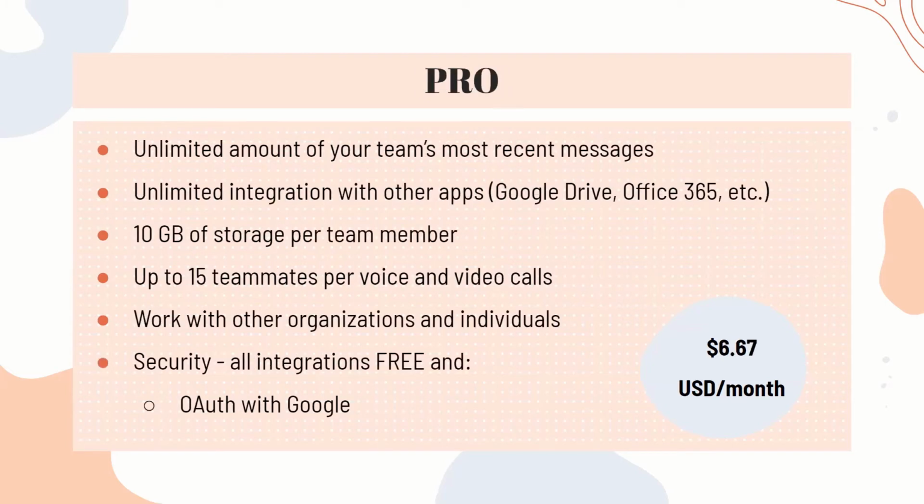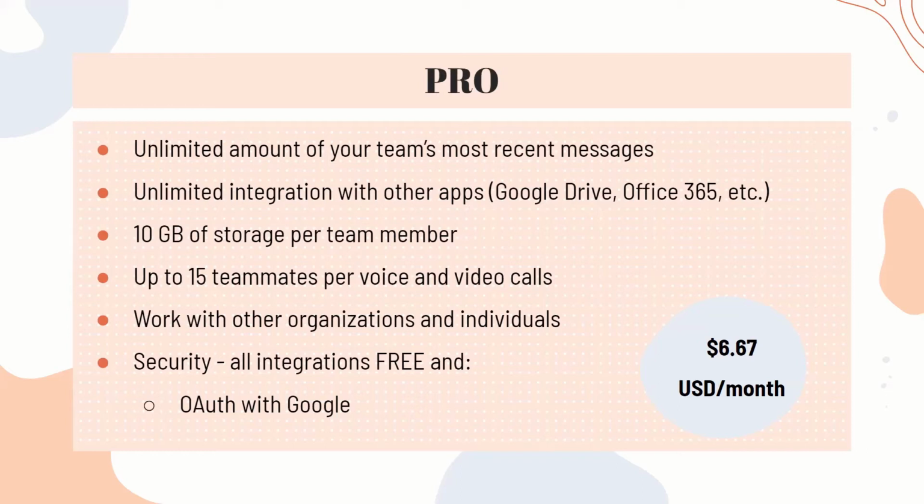And moving on to the pro plan. With the pro plan, you have an unlimited amount of your team's most recent messages, and unlimited integration with other apps, such as the ones I mentioned before, Google Drive and Office 365.